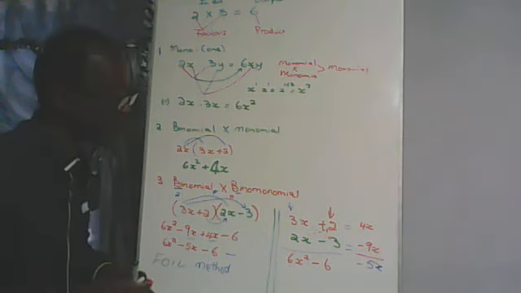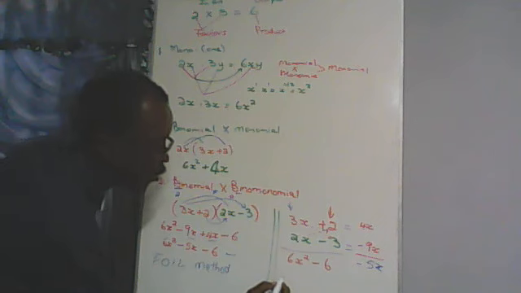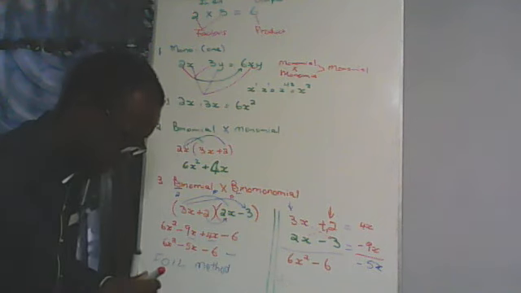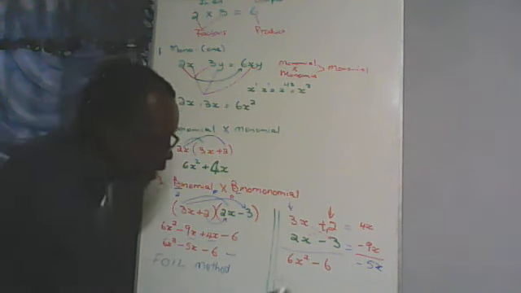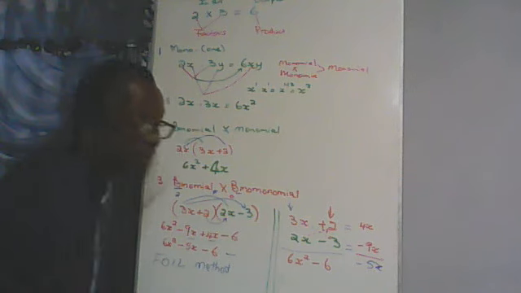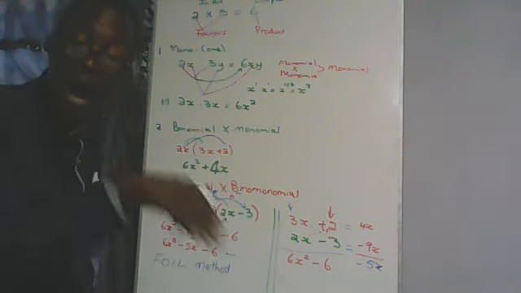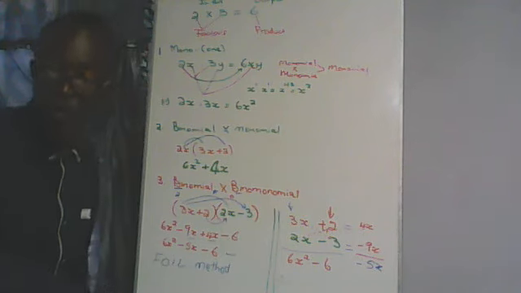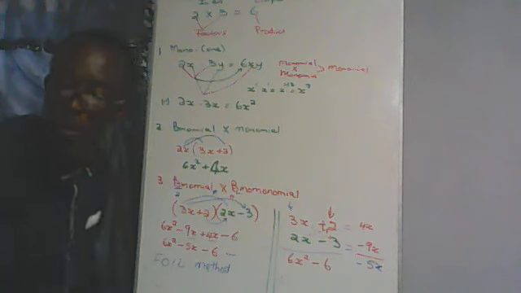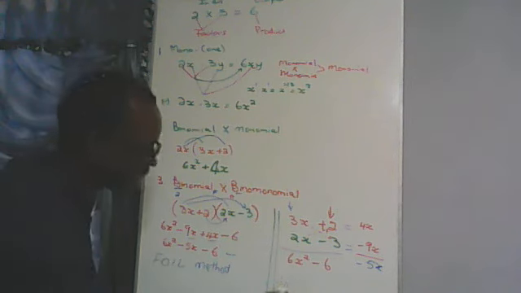Now, eventually, we got our answer. We write them in descending order, from the highest to the lowest. This is 6x squared.